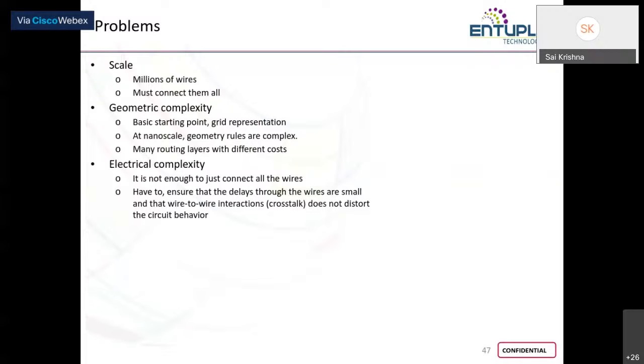So there is a geometric complexity that comes into picture, that too at nanoscale, when you have to perform your routing. Now, along with these two, you also have to check your electrical rules. Electrical rules means there should not be any unnecessary opens or shorts, especially your data or clock signal should not be connected to any of your power nets.